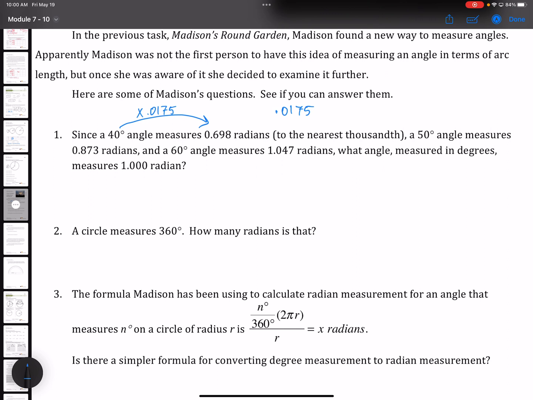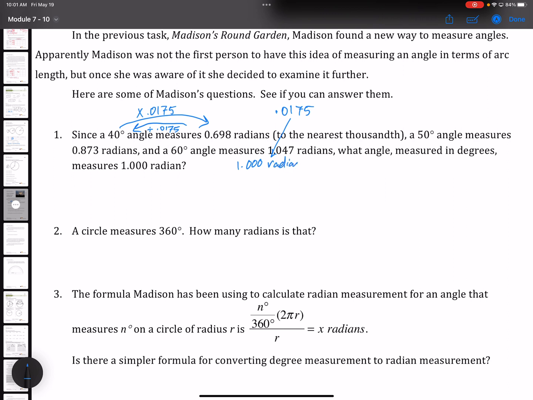So if I have 1 radian, what do I need to do to it? Should I multiply by 0.0175 or divide by 0.0175 to get the degree measure? You'd want to divide by 0.0175. Yeah, let's try dividing by 0.0175.